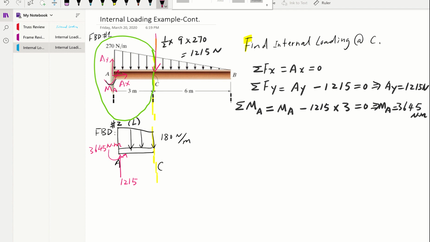Any other forces we need to add to this FBD number 2? Yes, there are, because we're solving internal loading at C. So we need to put our internal loadings back in here. Based on our sign convention, this is the left section, so for tension, we make the normal force go to the right.